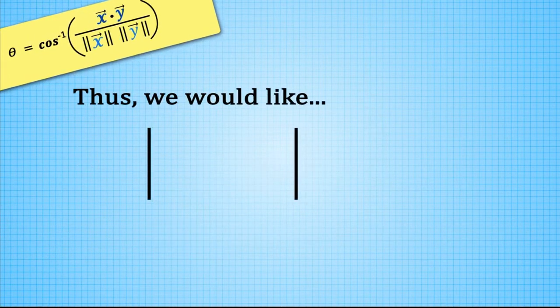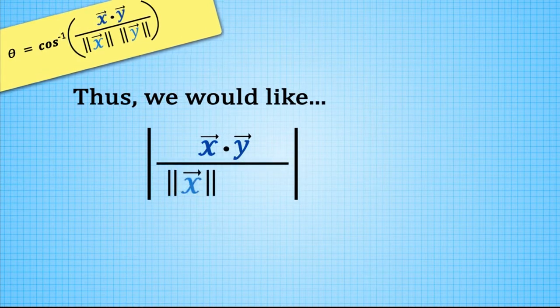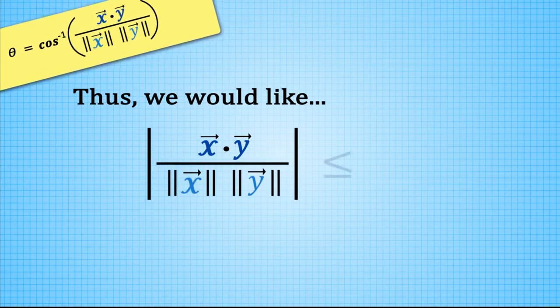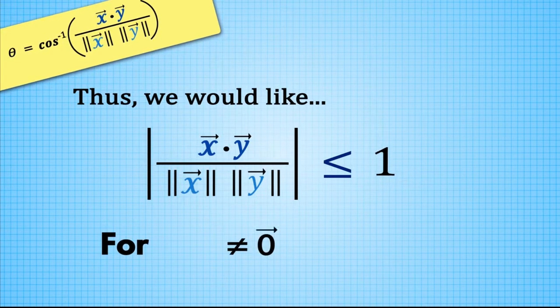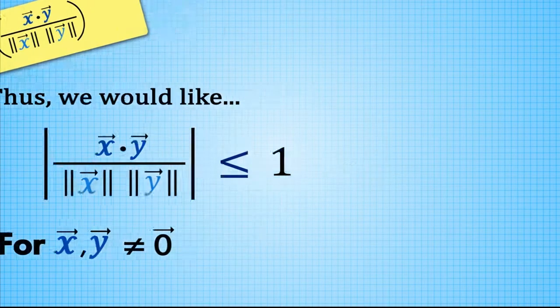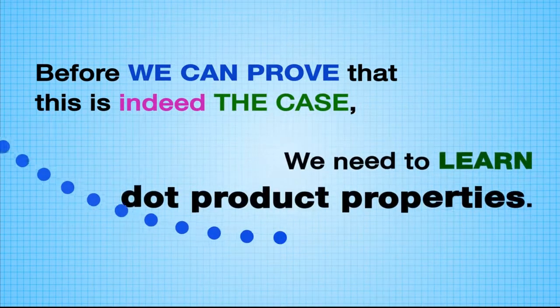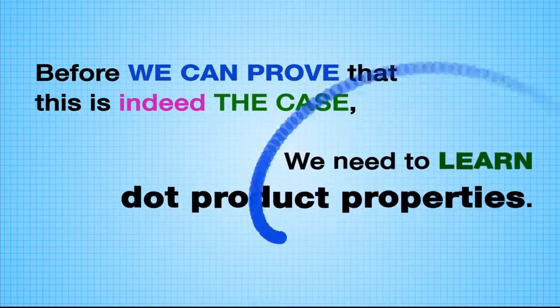Thus, we would like the dot product of x and y divided by the norm of x and the norm of y to be less than or equal to 1 for all non-zero vectors x and y. Before we can prove that this is indeed the case, we need to learn dot product properties.